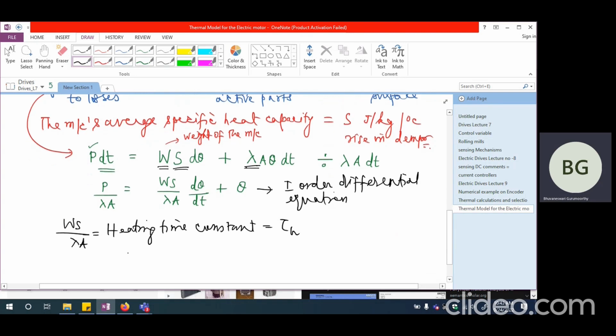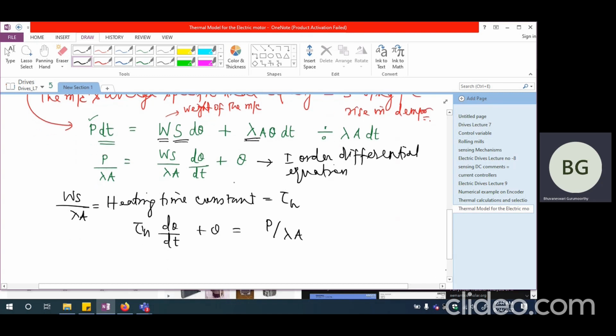So I can write this equation as tau h multiplied by d theta by dt plus theta is going to be equal to P by lambda A. So this is very, very similar to the normal first order differential equation we get in an RL circuit or RC circuit. So I should be able to write the solution for theta. So theta is going to be whatever is the steady state temperature rise we get, theta SS, multiplied by 1 minus e power minus t by tau h.